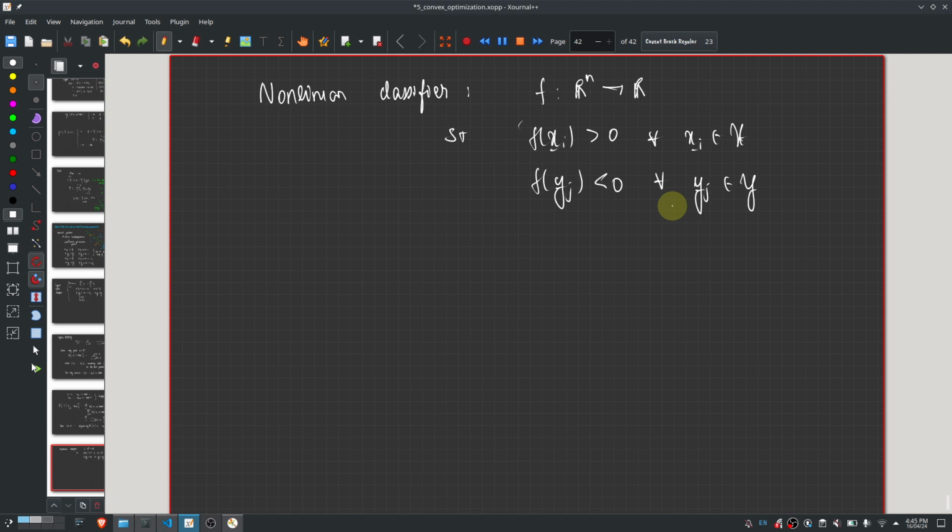You're guaranteed that among this class, you will end up with the best possible point, because you can solve a convex optimization problem exactly. Whereas if you have a general nonlinear classifier, you end up with a general non-convex optimization problem. So all you can hope for is to get up to a local minimum. In general, getting to the global minimum is hard.